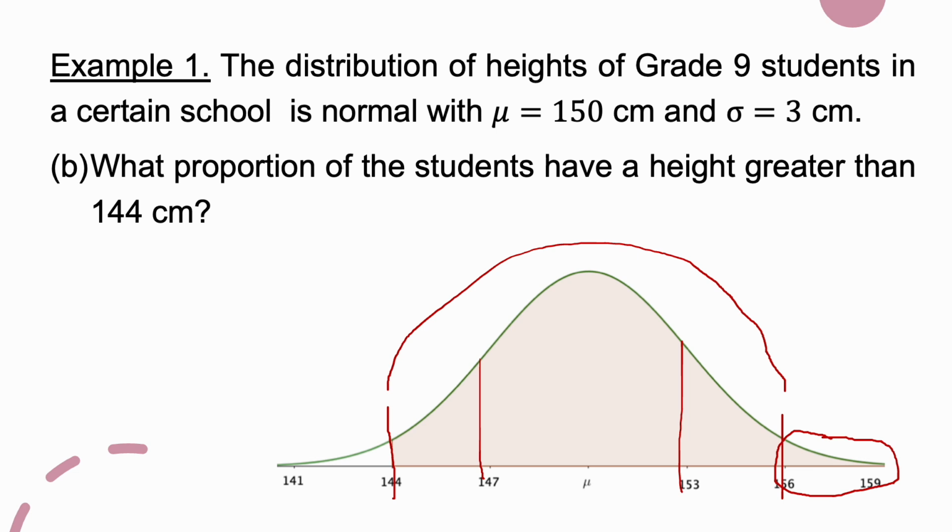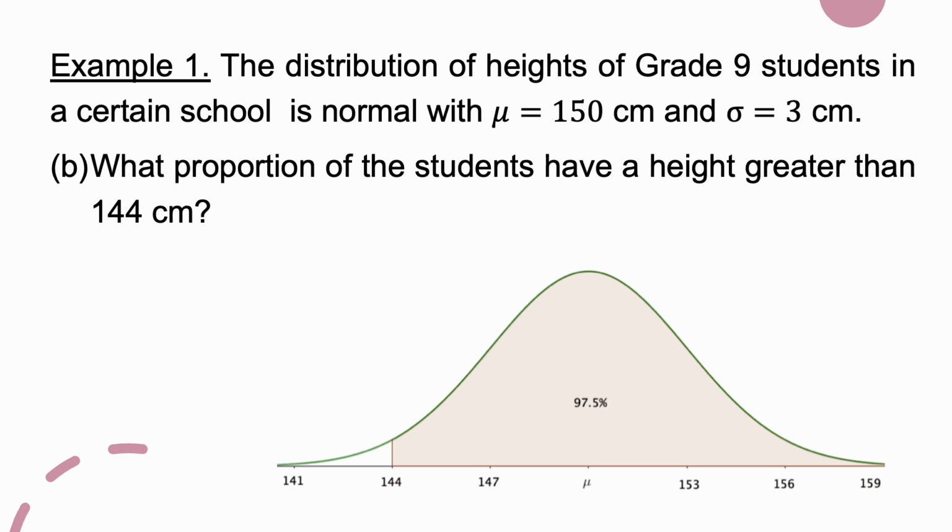Etong portion na to at etong portion na to, that is 5%. Okay? Kasi nga, yung etong part na to, 95. Pero isa lang naman na part yung gusto natin. So, what is that? That is 2.5%. Kalahati ng 5%. So, if we have 95 dito, plus 2.5 dito, ilan ang total niyan? 97.5%. So, 97.5% of the heights are greater than 144 centimeters.